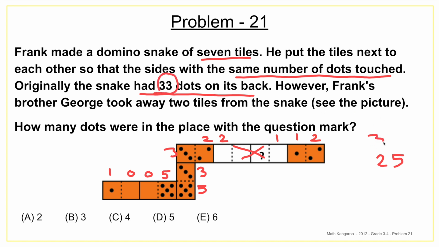So we say 33 minus 25 gives us 8 dots left. Since there are 2 tiles, we distribute 8 in 2 tiles, which is 8 divided by 2, giving us 4. So the dots on this tile where the question mark is 4. And here it is 4. So our answer is option C, 4.